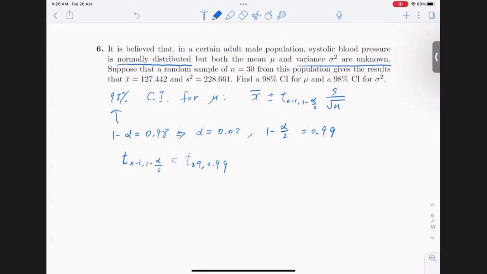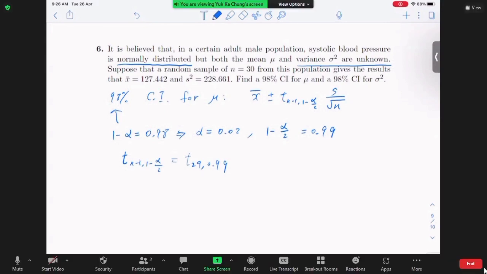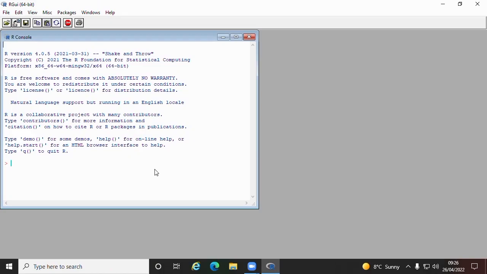If you cannot do it, you can use R. If you still remember what you've done in some labs before, to find the quantile of a distribution, we can use the function that starts with the letter Q, followed by the name of the distribution. So qt is a function that can be used to find the quantile from the T distribution.